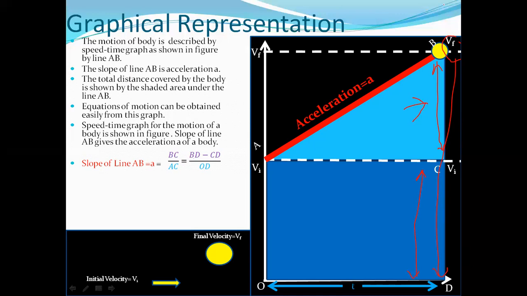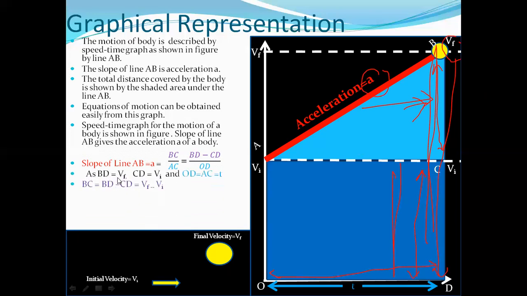So BD, the whole line, minus CD, we will get this line, which is BC. And OD is the distance from the starting point till the end. So this is the slope which we have got, which is representing the acceleration of that body which was moving from point A to point D.